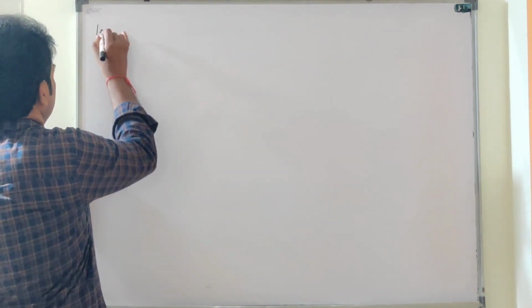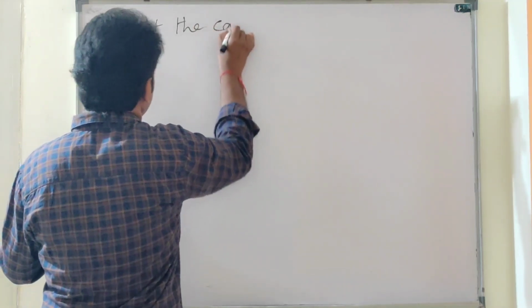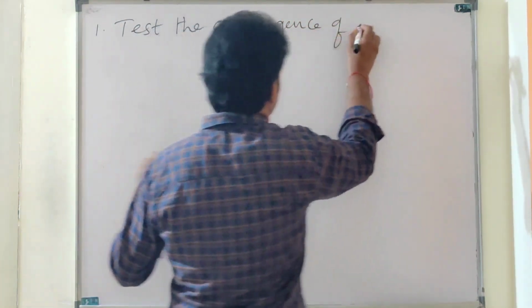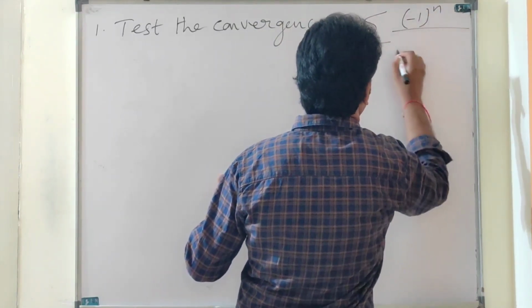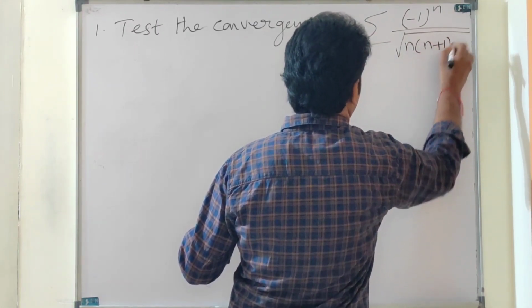First one, test the convergence of sigma (minus 1) whole power n all by square root of n into n plus 1 into n plus 2.